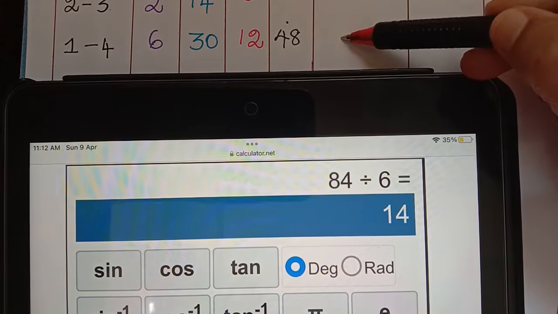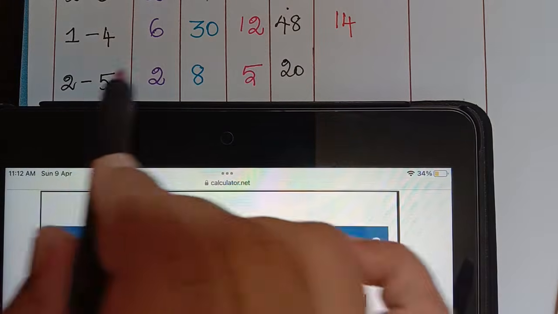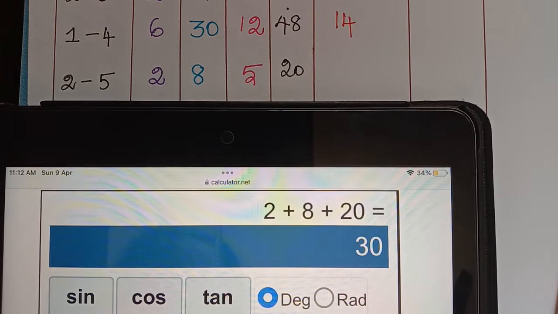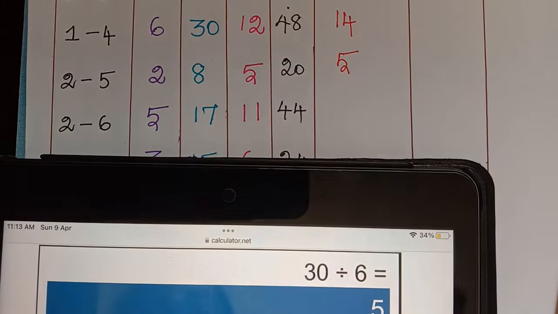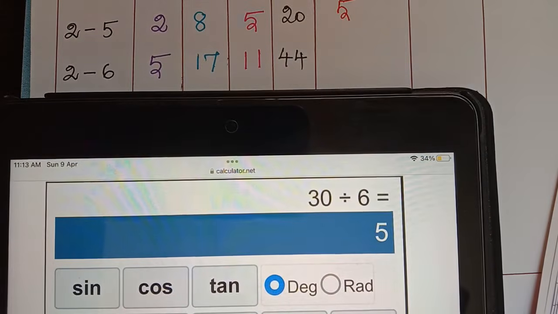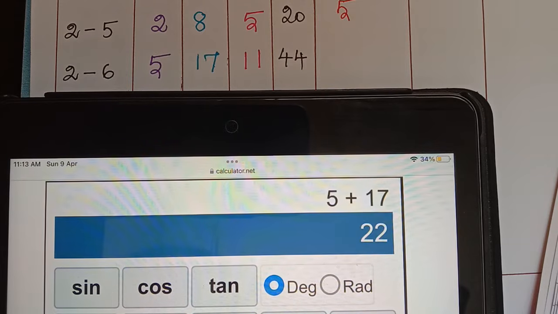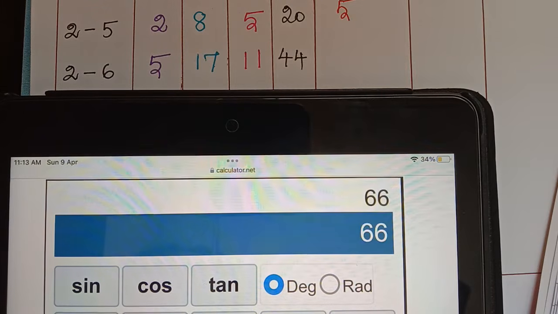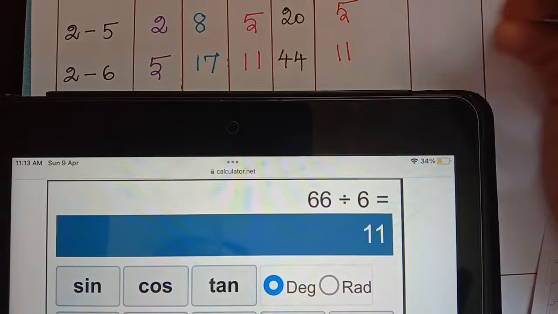Now for 2 to 5, we have 2 plus 8 plus 20 equals 30, divided by 6 is 5. And for 2 to 6, we have 5 plus 17 plus 44, which equals 66, and divided by 6 gives us 11. We have to write 11 over here.